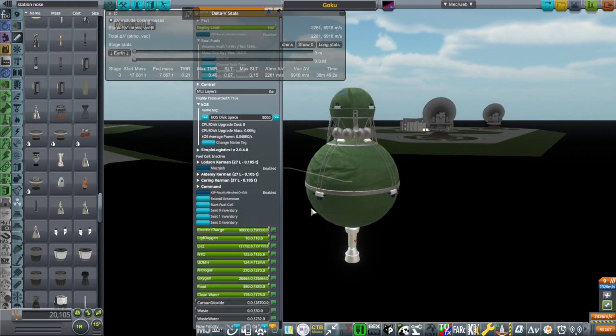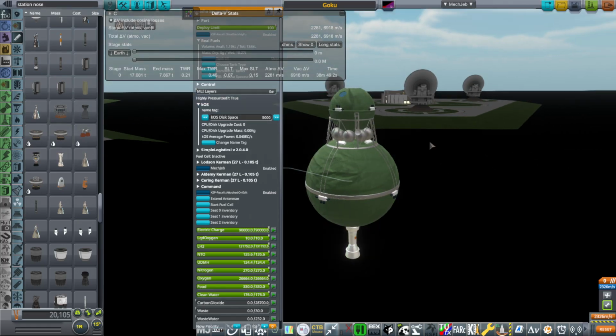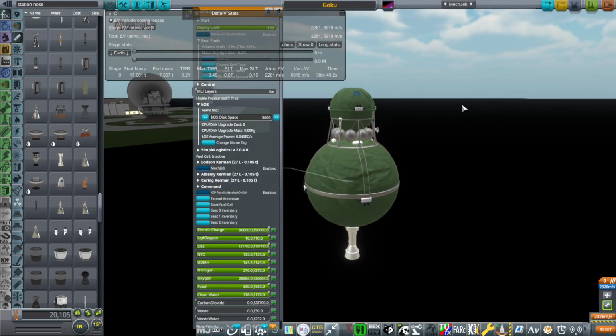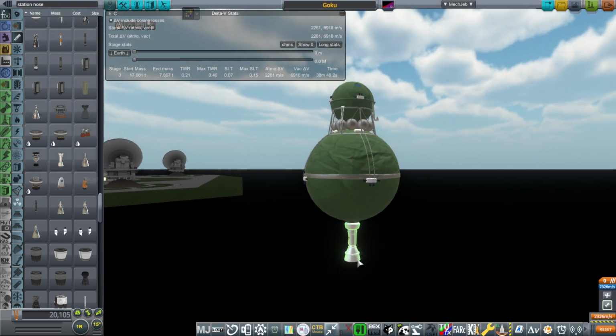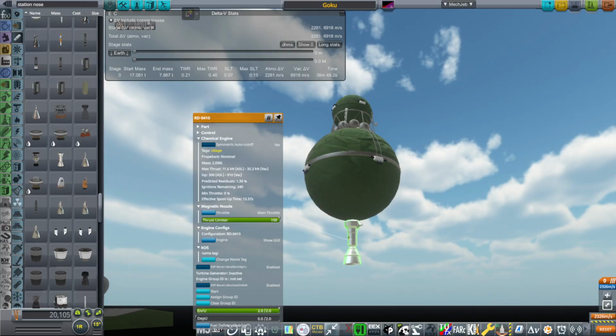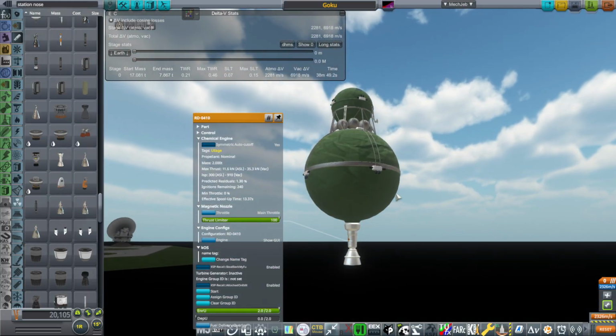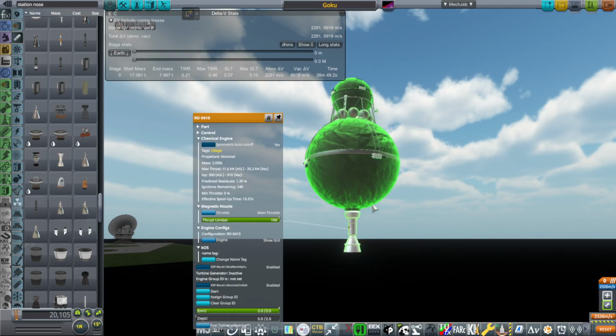And the big sphere is the hydrogen tank, the small sphere is the crew capsule, and then we have the engine. I don't know about how much radiation they would be getting like this. Hopefully there's a radiation shield there somehow. But the engine is a mere 35.3 kilonewtons, and they had this engine.